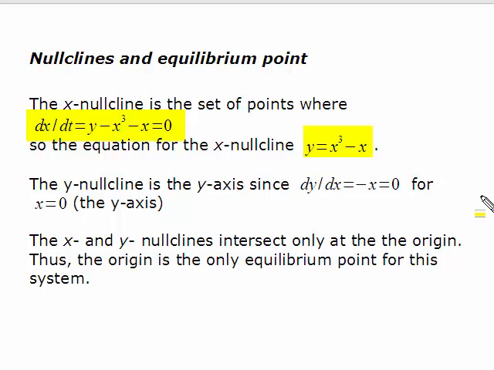The y nullcline is easier to draw anyway, and that's just the y-axis. It's x equals 0, because dy/dt equals minus x, so x equals 0 is the value of x that will send that to 0. These intersect only at the origin, so the origin is the only equilibrium point for this system.